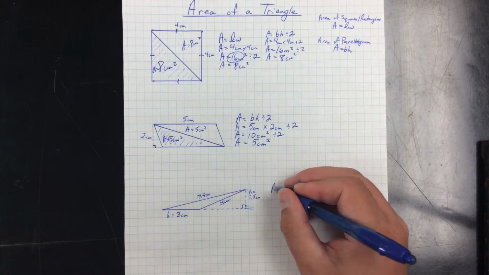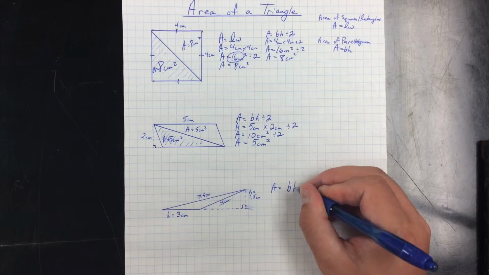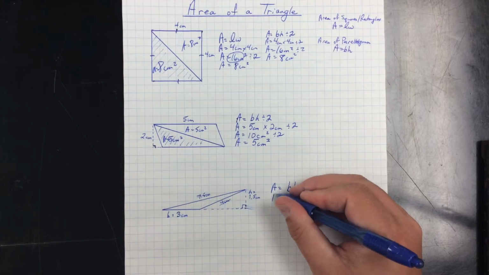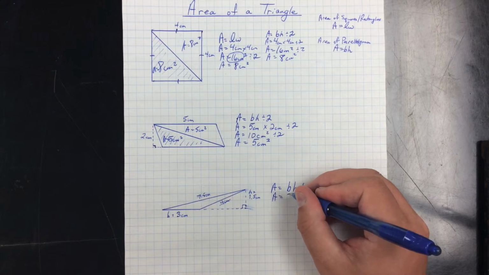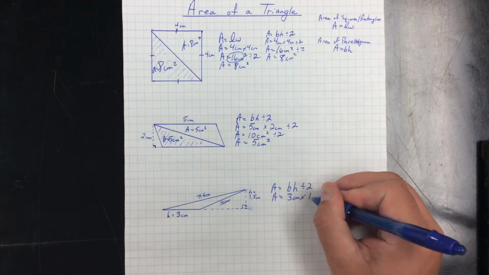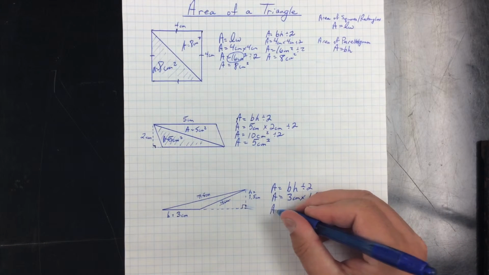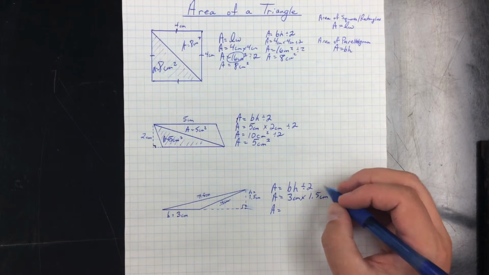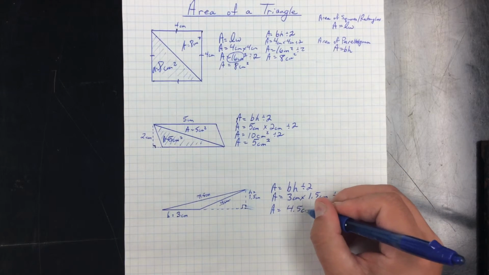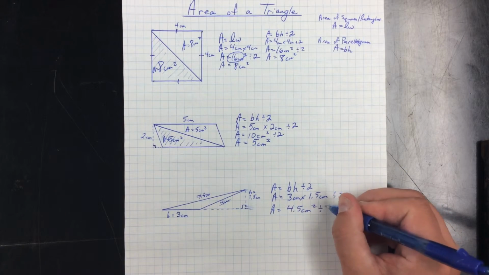So area is equal to base times height divided by 2. So area is my base, 3 centimeters, times my height, 1.5 centimeters, and I'm going to divide that in half. So 3 times 1.5 is 4.5 centimeters squared. I'm going to divide that in 2.